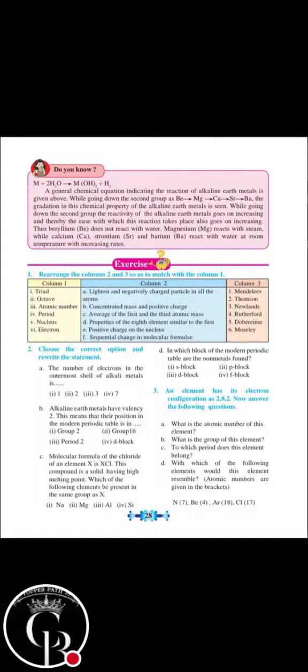All this we saw in the second chapter, periodic classification of elements.